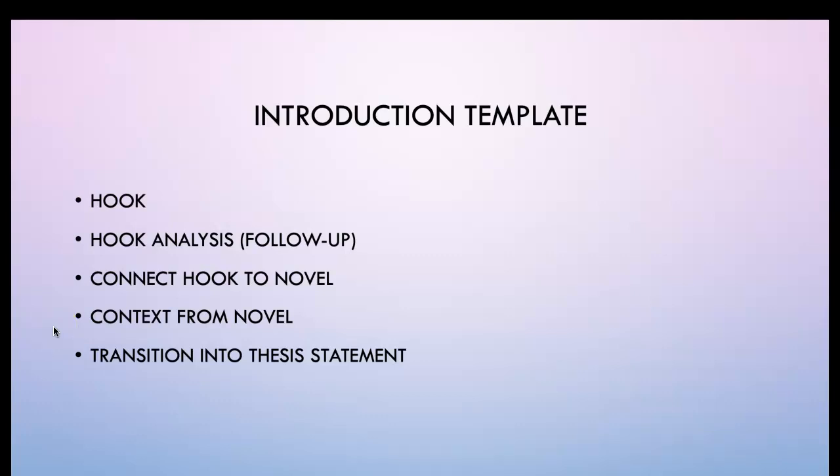From there, you're connecting that to the novel and then giving some context from the novel. And from there, transitioning into your thesis statement, which should be the last sentence of your introduction. The way that I've set up this template is so that each part of the introduction flows into the next part. Everything is connected.